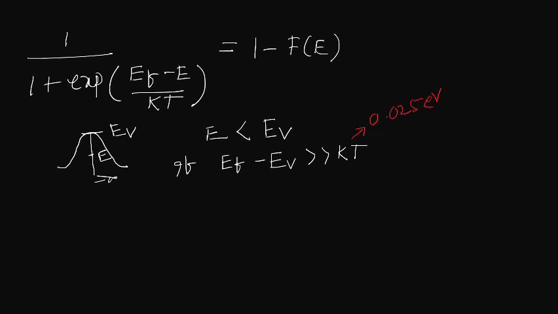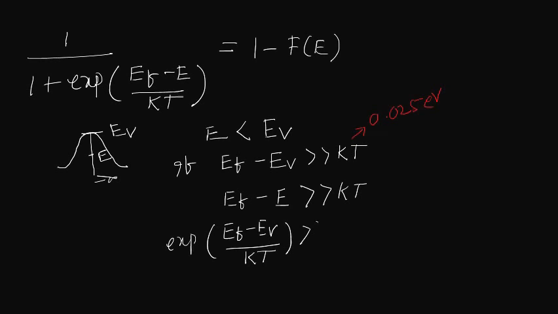Then EF minus E is also much larger than kT, because E is less than EV. So the exponential of (EF minus E) divided by kT will definitely be much larger than 1.